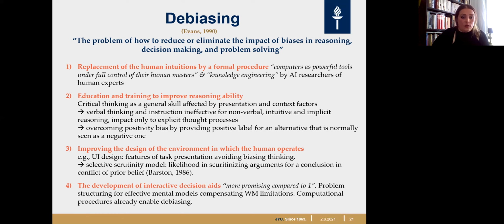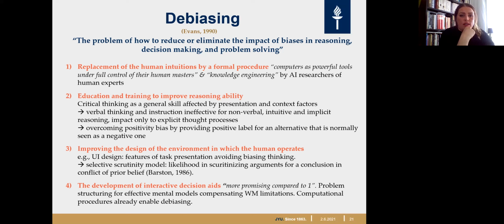Second one, also currently highly pursued in JDM research, is to decrease biases by education and training to improve reasoning ability. It's usually approached by incorporating critical thinking skills, and also acknowledging that it's highly affected by the presentation of information and context factors.